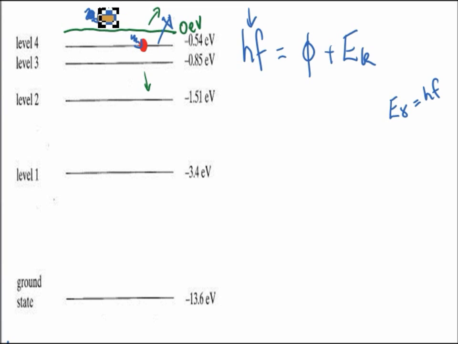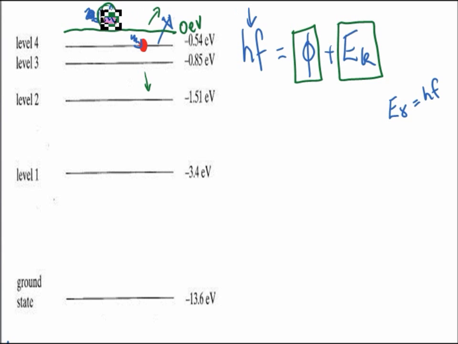The energy from the photon is hf. Okay, the energy of the photon goes into the electron, so the electron gains that energy. That energy has to be shared between two places. Okay, firstly, it has to go into this thing, which is called the work function, which I'll explain in a second, and secondly, it goes into the kinetic energy of the electron.